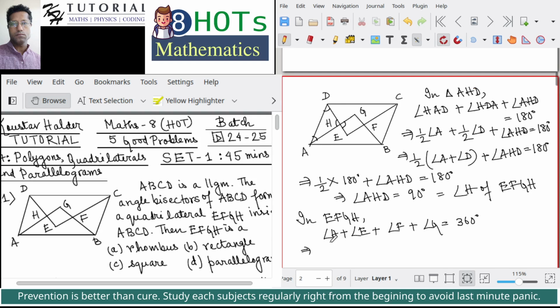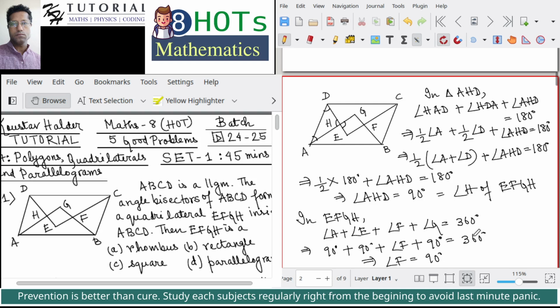We know angle H is 90 degrees, angle E is 90 degrees, angle F we don't know yet, and angle G is 90 degrees. This is equal to 360 degrees. Clearly from here angle F will be equal to 90 degrees.